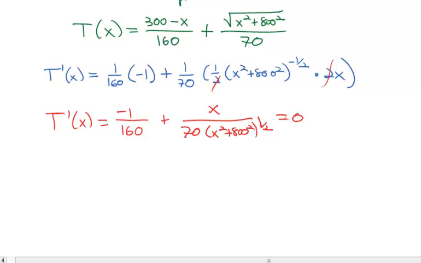Set that equal to 0. And let's move the 1 over 160 to the other side. X over 70 times x squared plus 800 squared to the 1/2 equals 1 over 160.